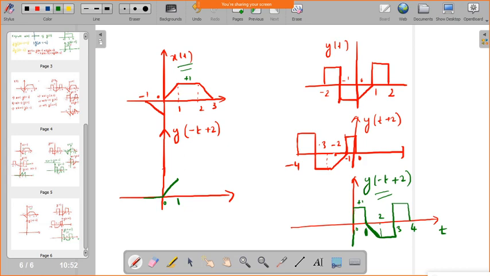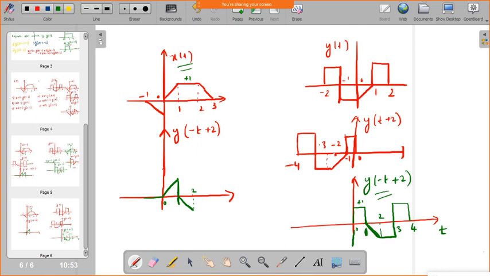So at exactly 1, what will it be? It is 0, and here it is plus 1, so it will be 0 again. Now it will again be plus 1 multiplied by the decaying ramp, which will be like this, from 1 to 2.